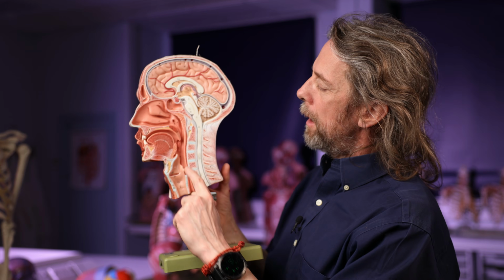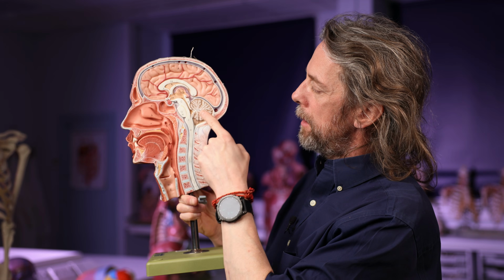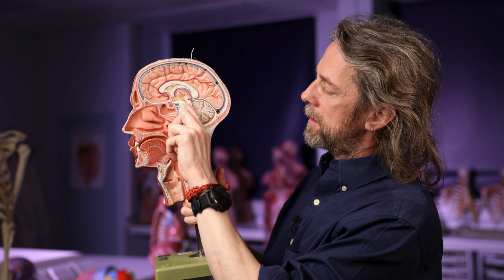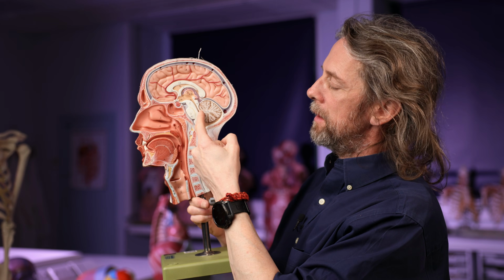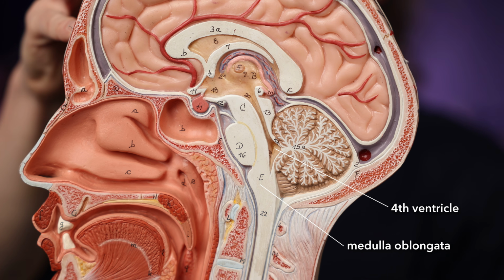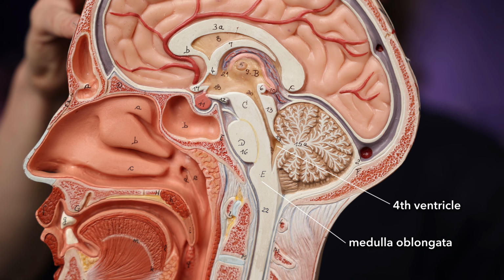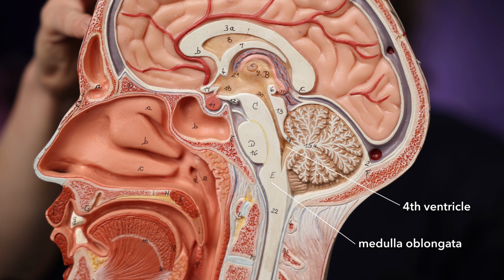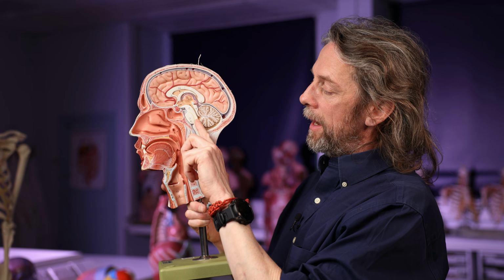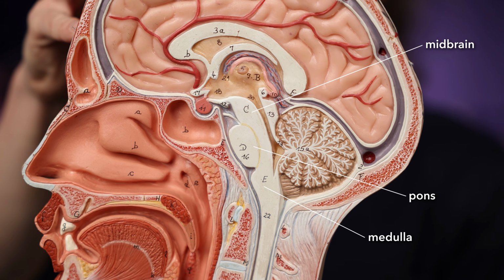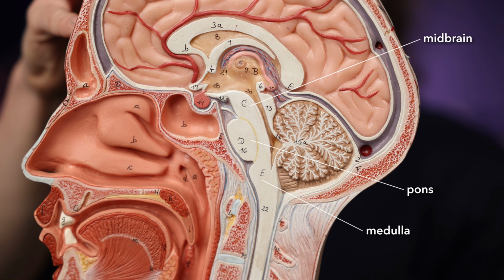And, okay, so here's the brainstem. There's the cerebellum. This is the cerebral aqueduct here, so we have cerebrospinal fluid flowing through there. And this slightly larger opening there, that's the fourth ventricle. Now, in the brainstem, so medulla, pons, midbrain, in the medulla, in the floor of the fourth ventricle, that's where we find chemoreceptors.